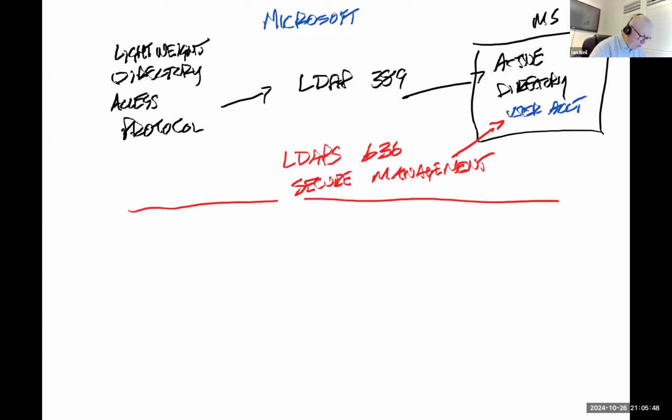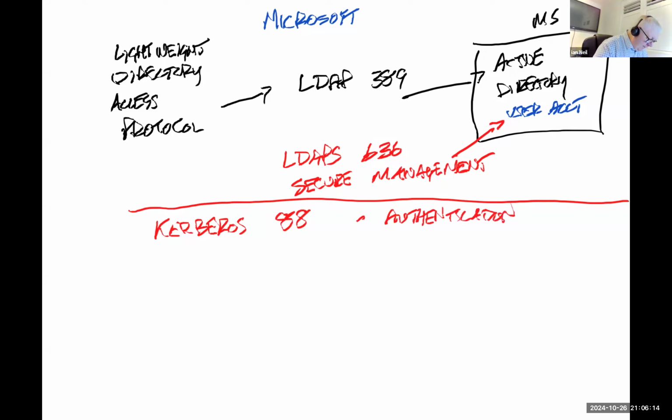Now, the next one we're going to look at is Kerberos. Kerberos uses port 88, as they say in the bingo call, two fat ladies 88. He is actually authentication. And if the authentication fails, there's going to be time.